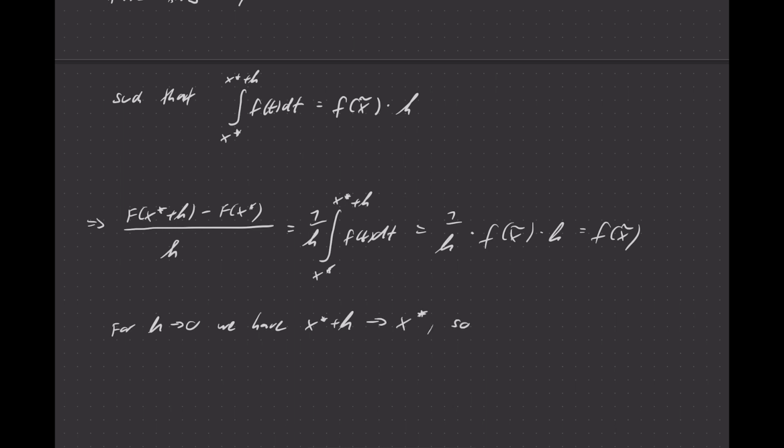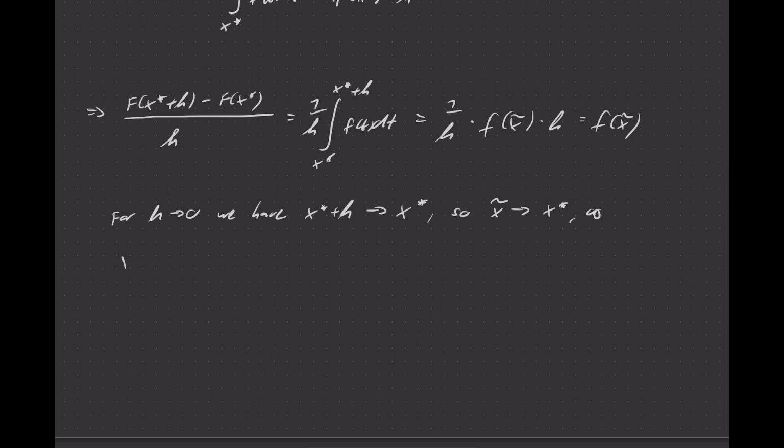So x tilde will tend to x star, as remember x tilde is between those two points, x star and x star plus h. f is continuous, so the limit of f of x tilde is exactly equal to f at the limit of x tilde, which is x star.